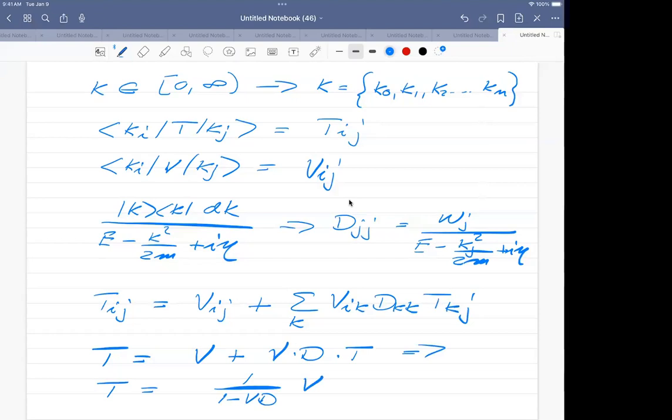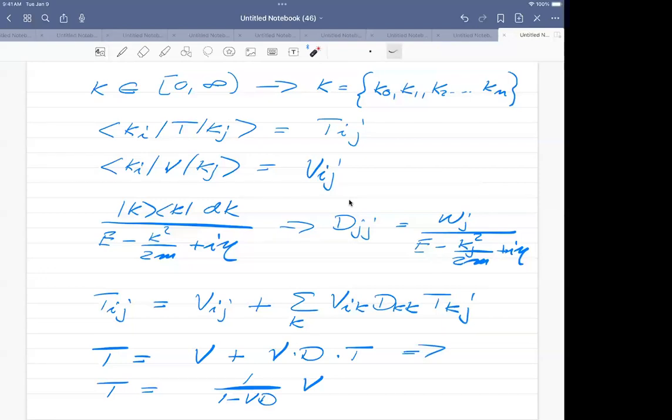So if you can invert that matrix, and you obviously see that there are problems with poles here, you have to split it into an imaginary part and a real part. But these are all technicalities which you can deal with. So this is a pretty straightforward thing to deal with numerically. This is the way you would solve it if you have a problem which cannot be solved analytically.